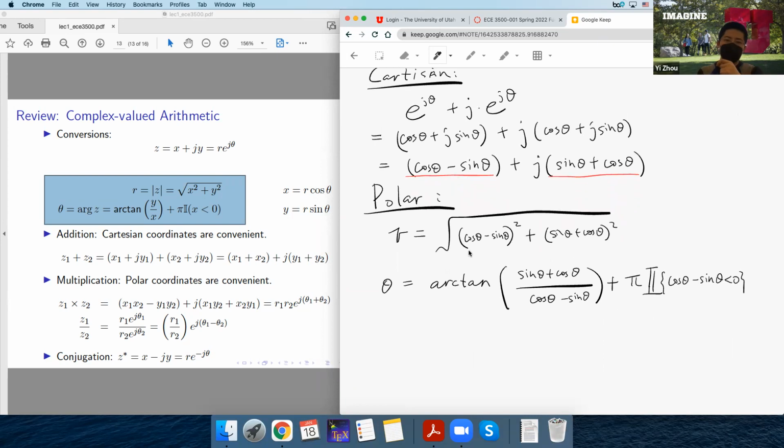And actually, you can further simplify this r by using the equation that sine squared plus cosine squared equals 1.